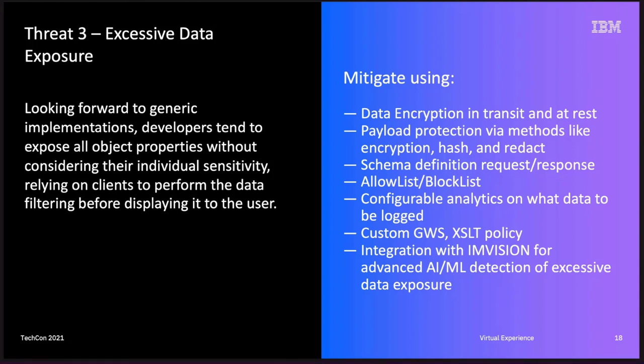It also provides full control over what data should be logged. Unique data handling requirements can be met with scripting via gateway scripts and XSLT. API Gateway also provides seamless integration with Envision runtime protection for more advanced AI and ML detection intelligence for excessive data exposure attacks.